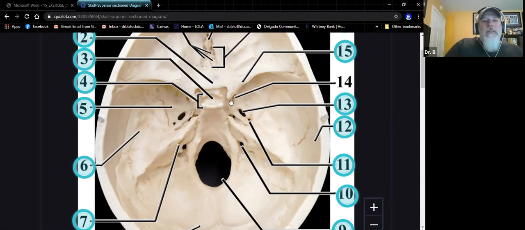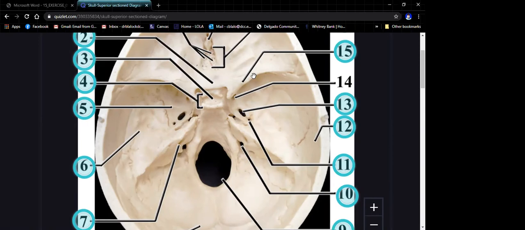Does that make sense? So this whole flat area underneath here, that's the greater wing. And then there's a ridge of bone right up here above it, superior to it, that's the lesser wings. So the greater wings are down here, the lesser wings are up here. Okay, I see what you're talking about now. Okay. Thank you.